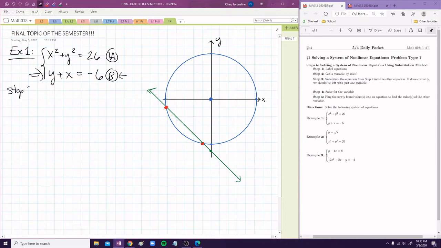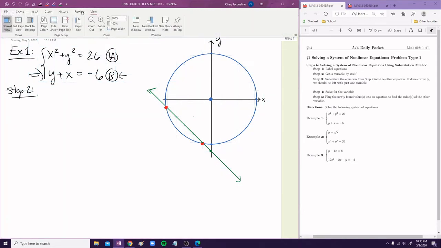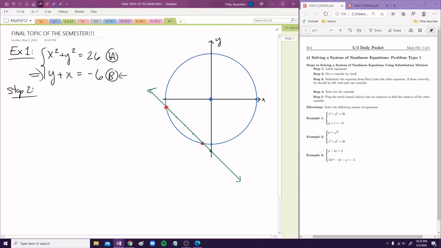So let's do step 2. We're going to get y by itself, so B star becomes y is equal to negative x minus 6.